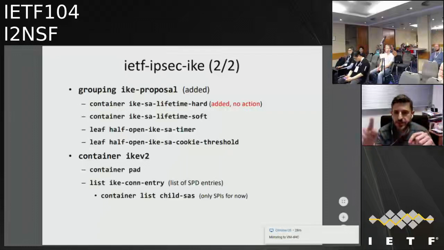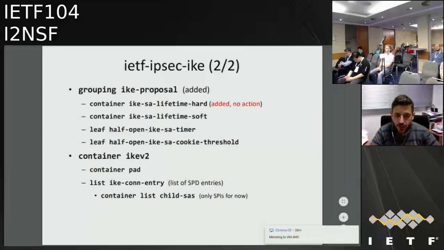Per each peer, we have a node in this list, and each connection has different policies, a list of SPD entries related with that connection. So right now in the model, we define a connection between two peers, and then we define the SPD entries for that connection. If we define another connection, then we add the policy related with that connection.